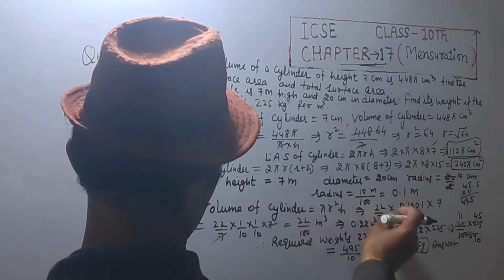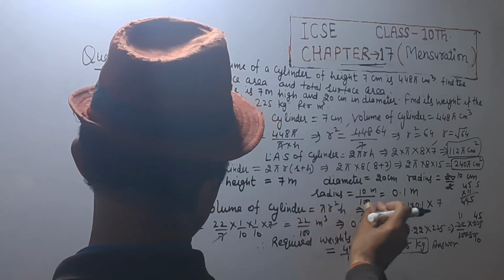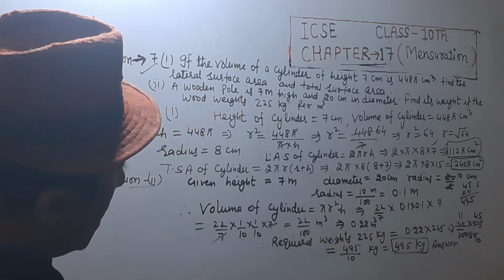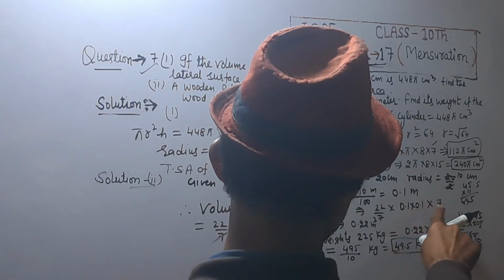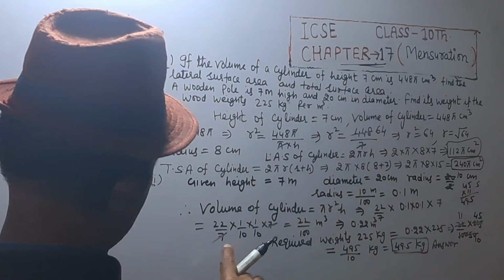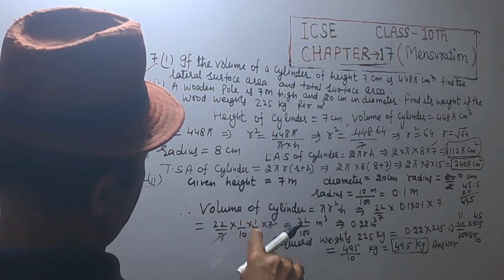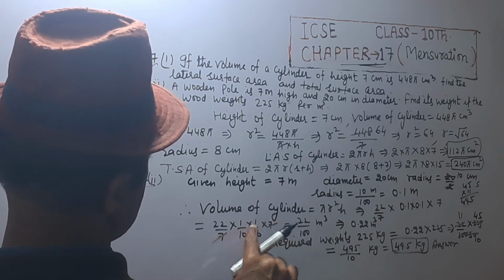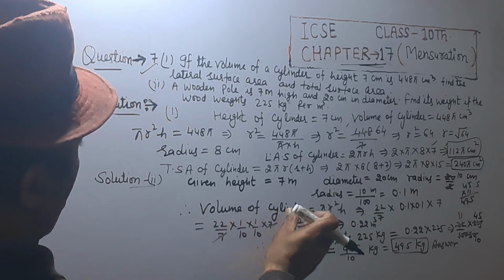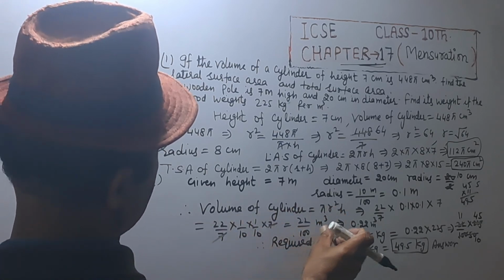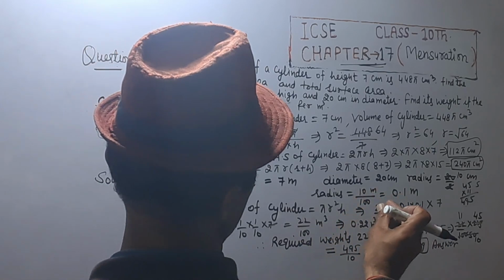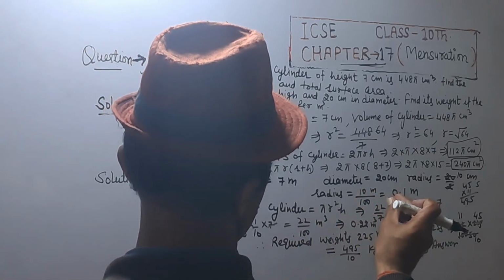Pi is 22 upon 7 into radius is 0.1 into 0.1 into height is 7. 22 upon 7 into 1 upon 10 into 1 upon 10 into 7. 7 is cancelled, and 22 divided by 100, that is 0.22 meter cube.